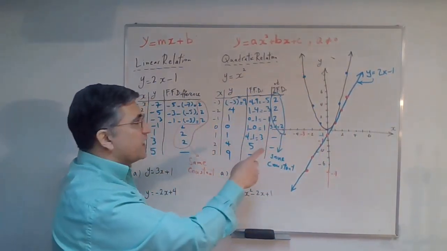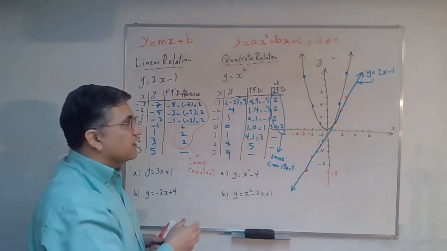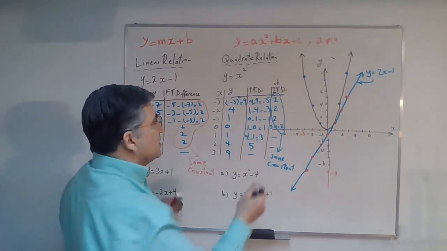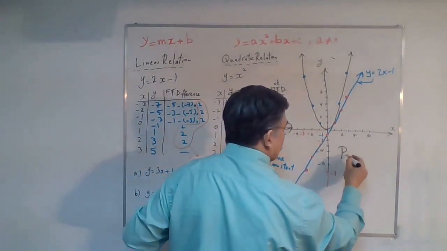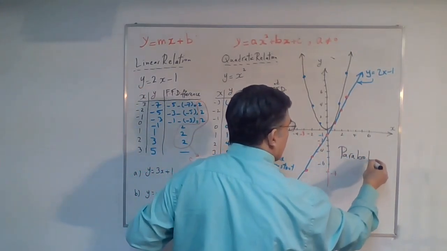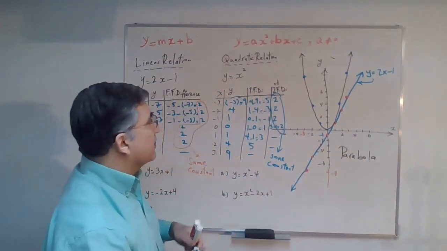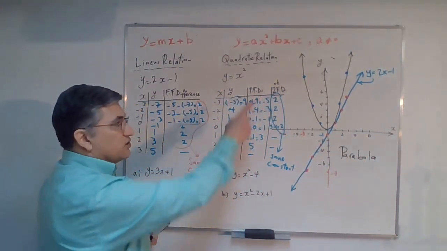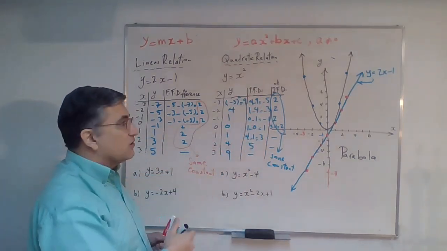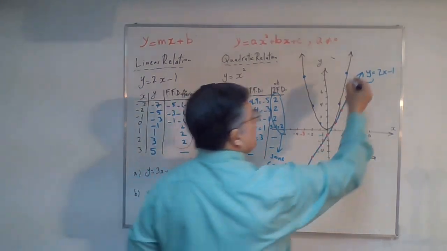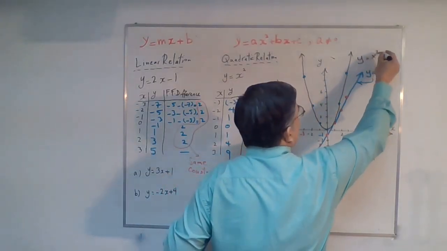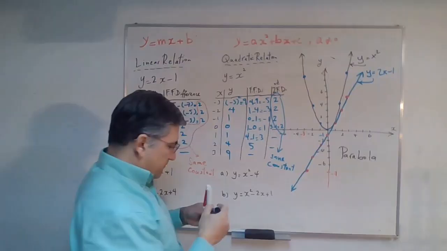This is a U-shaped symmetrical graph, which has a special name. We call it, of course, a parabola. A parabola is the name of a quadratic relation. It's a U-shaped symmetrical graph, as you see. I'm going to quickly label the graph with its equation, y equals x squared.